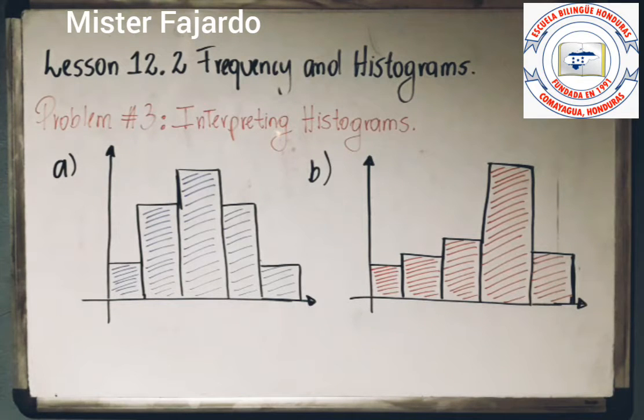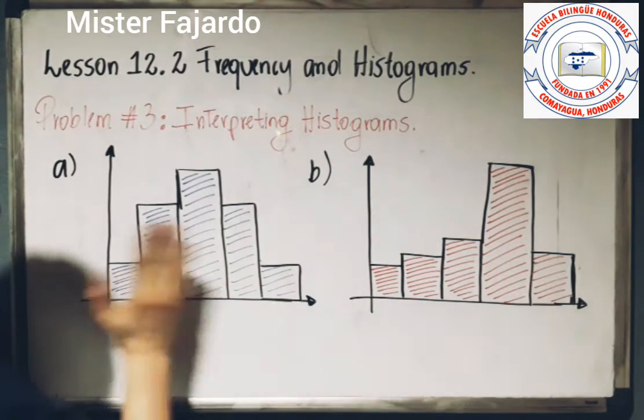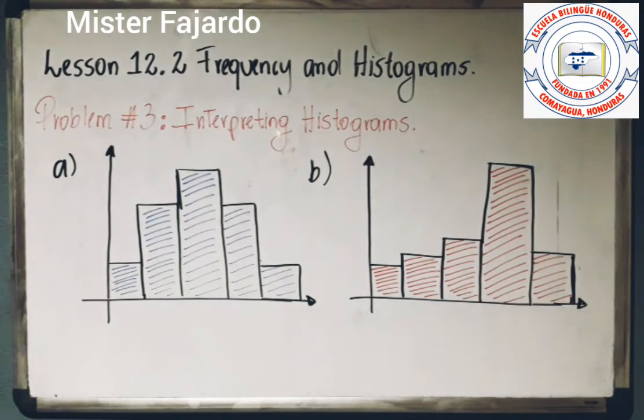Another case that you can have is if you have a vertical line that can divide the histogram into 2 parts that are close to being like a mirror on both sides. In that case, you can say that you have a histogram that is symmetric.